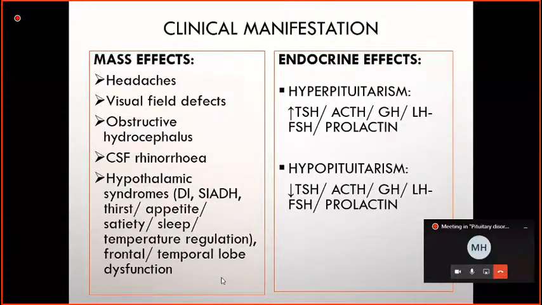Partial blindness. Basically your visual field is divided into four. If you can imagine your two eyes, this eye and this eye, you divide each into four.